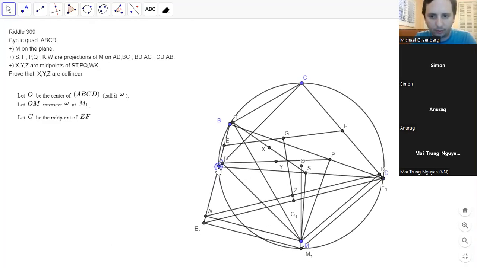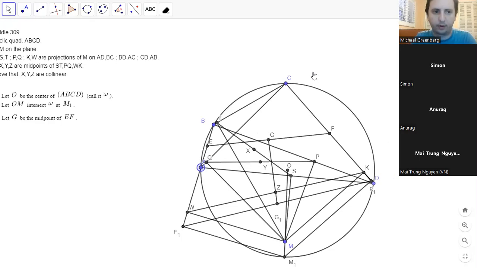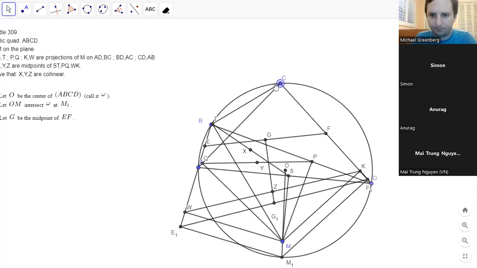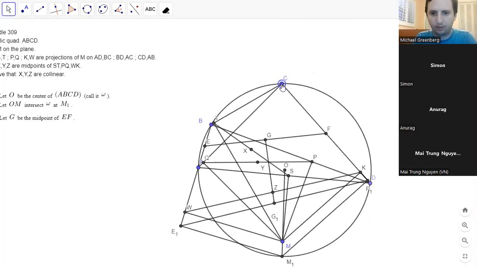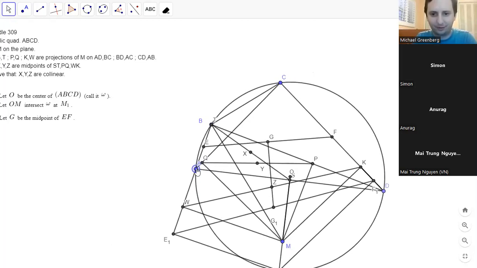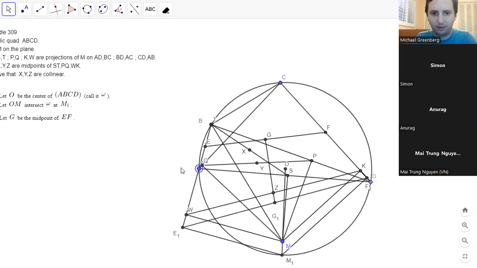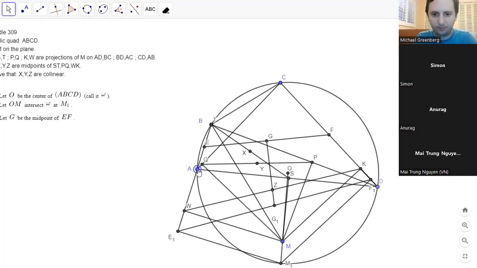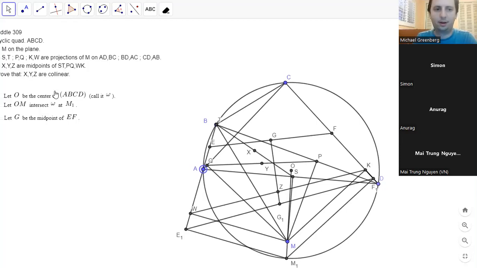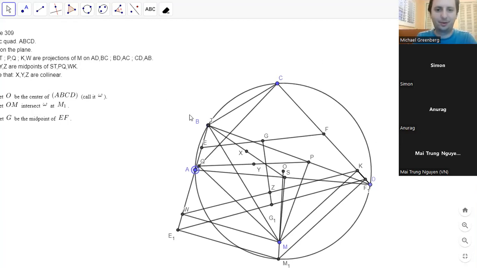Let's draw something like this. Sorry, I'm going to fix this a little. It's so hard to draw a good diagram, but I'll get it in just a second. All the points are squished together. I think that's good. I wish there was a way to rotate the diagram, but there's no way to do that.